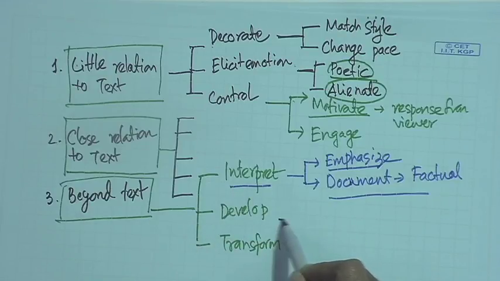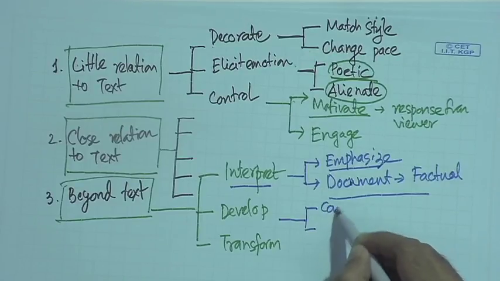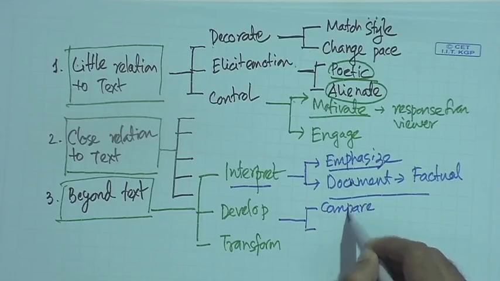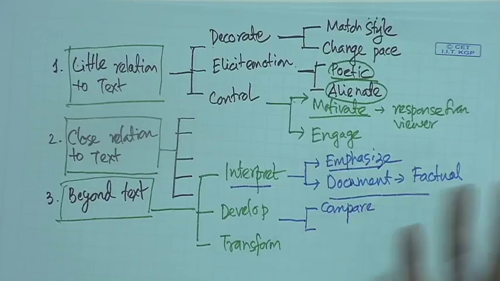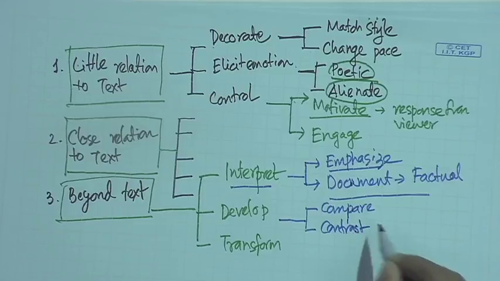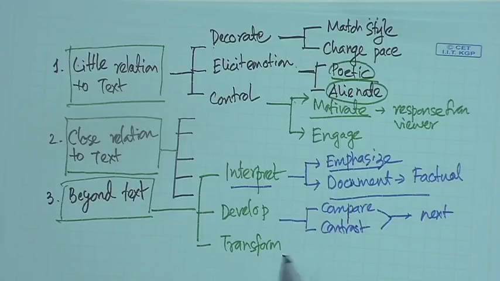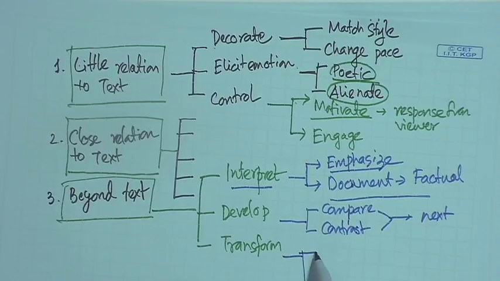Then you develop. How do you develop something? You compare that, and then you contrast one against another, and that shapes up the next step. So, that is how you develop. And when it comes to transformation, what you do is either you can go by an alternate progress.